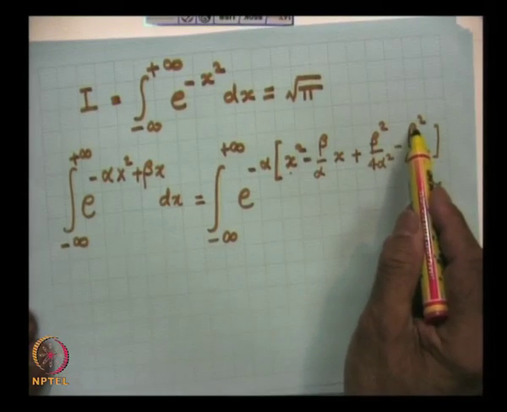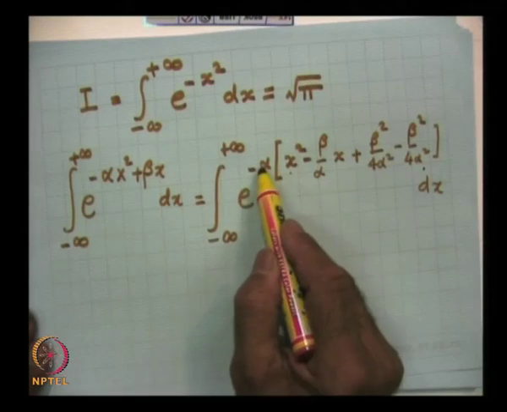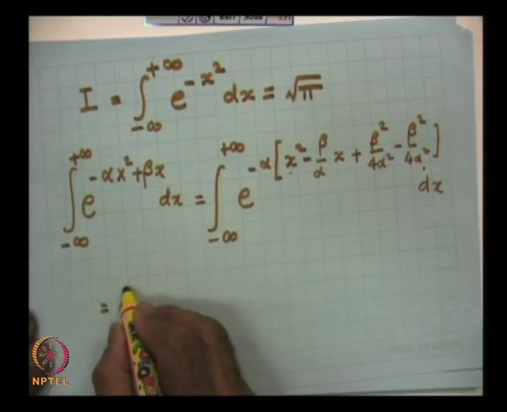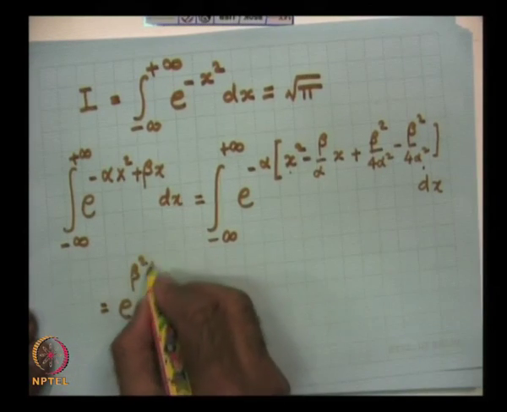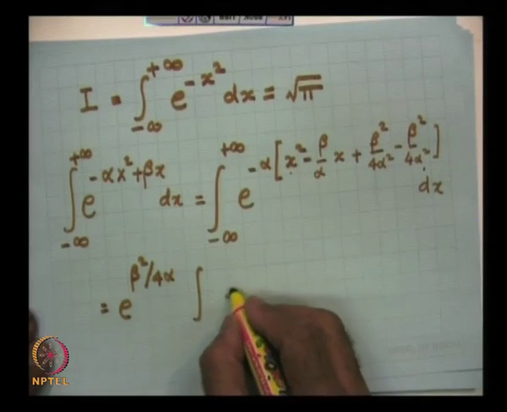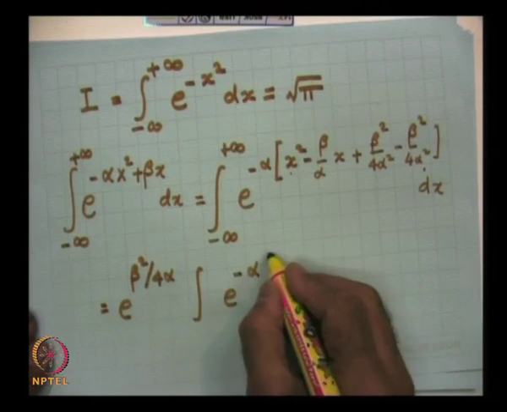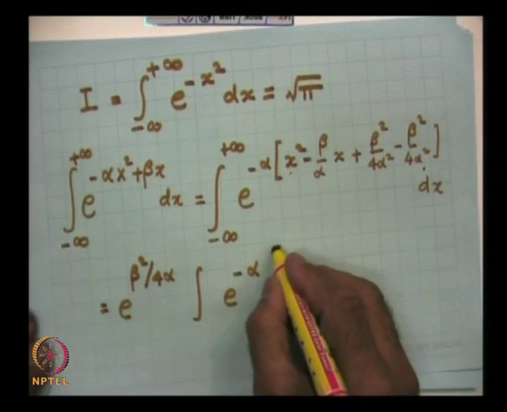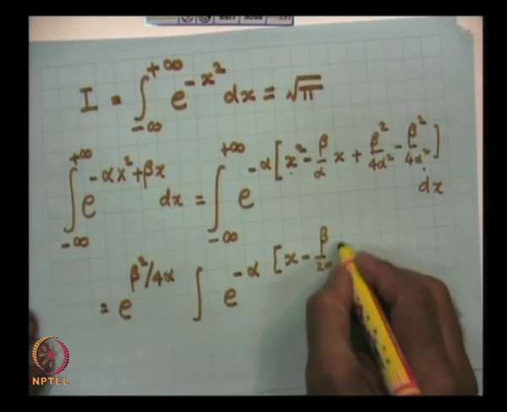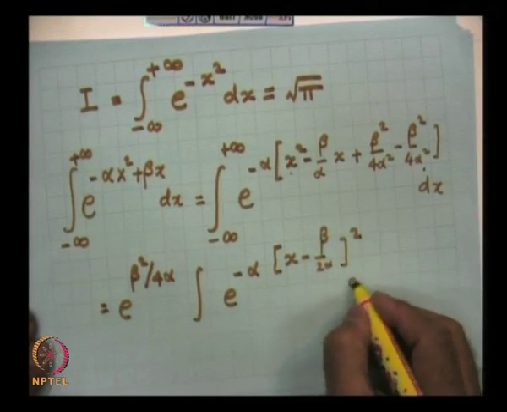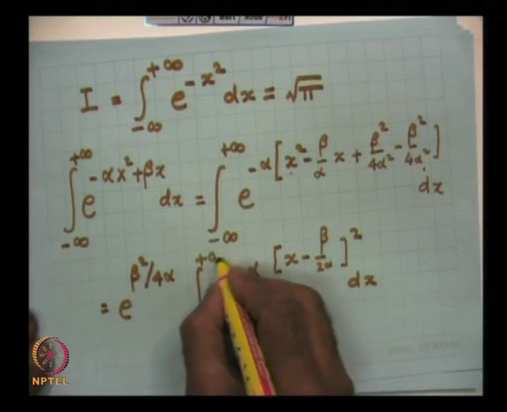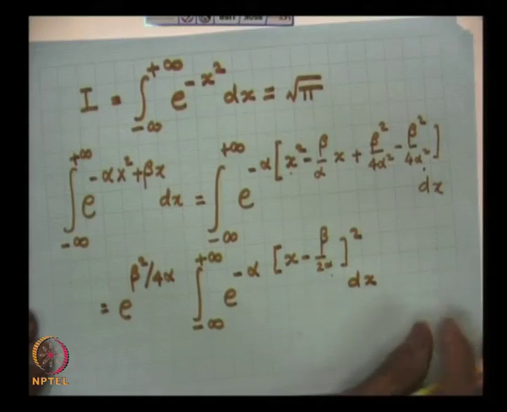So, this I can take outside. Please see, beta square by 4 alpha square minus sign into alpha, that is beta square by 4 alpha. So, this becomes e to the power of beta square by 4 alpha, and this becomes e to the power of minus alpha x minus beta by 2 alpha whole square into dx. So, from minus infinity to plus infinity, I define this as a z variable.